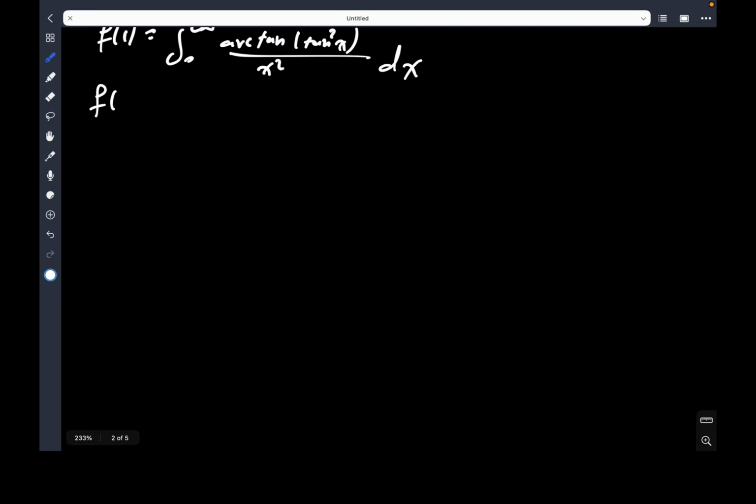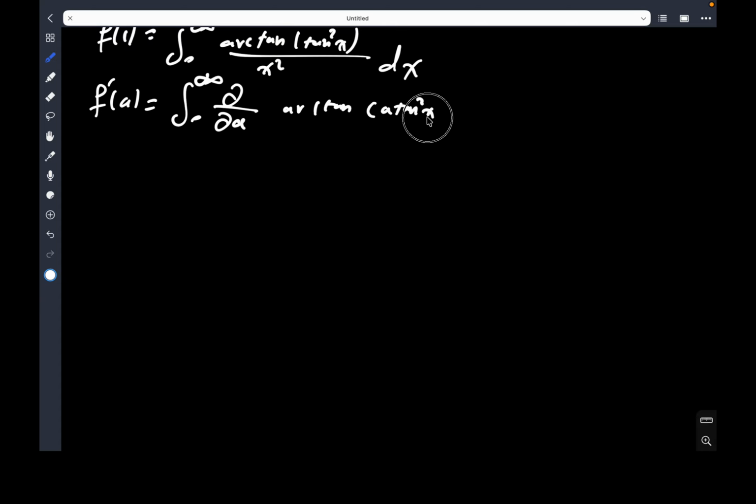Now, my f of a, if I take the derivative of that, it's going to be f prime of a, and the derivative is going to move inside this integral and become a partial derivative. So I'm taking the partial derivative of arctan of a tan squared x over x squared dx.